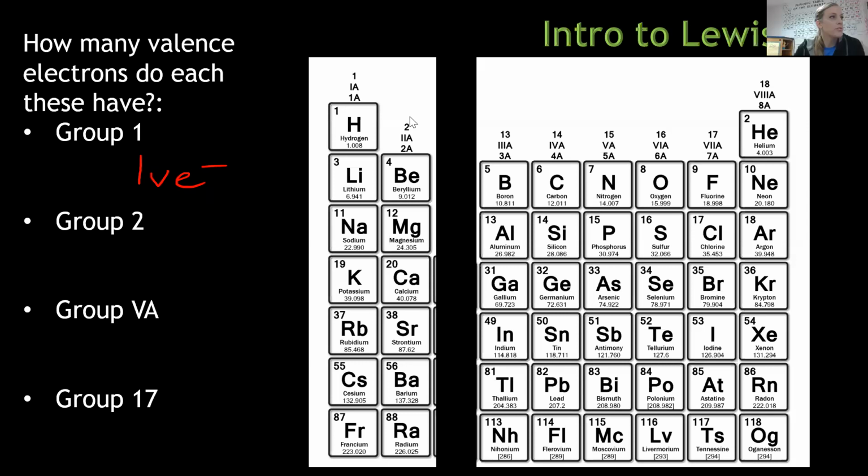So group 2 is here, okay? So we're counting our valence shell. Remember we numbered our valence shell? My apologies. Yep. I now see that it's 2. Did you say 4 because I was hanging out over beryllium?